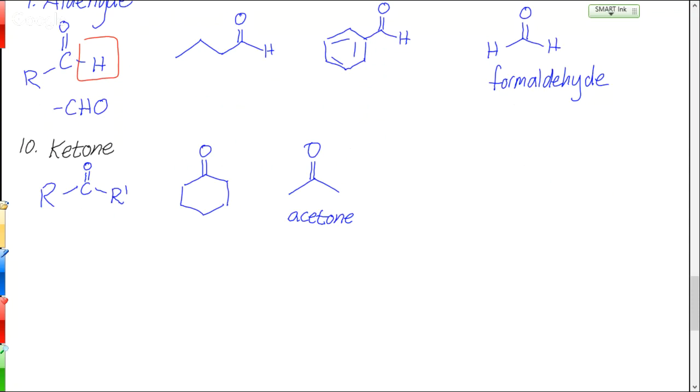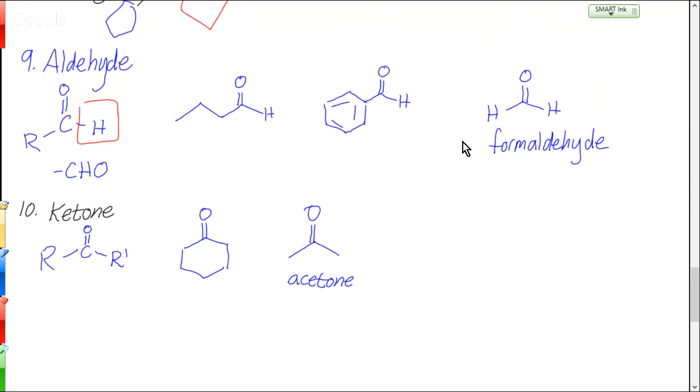Yes, ketones are a big part of your body. Yeah, Andrew. What's the difference between the acetone and formaldehyde? So formaldehyde, the formula is CH2O.